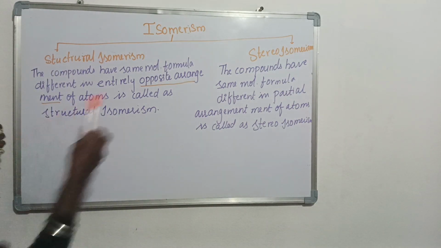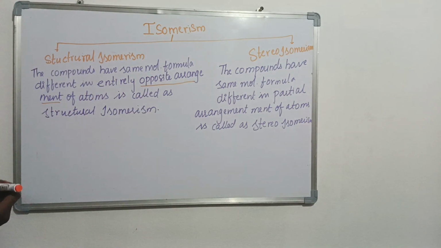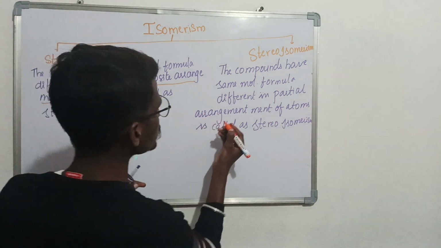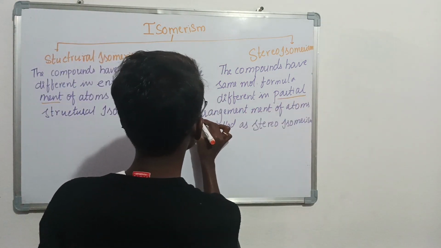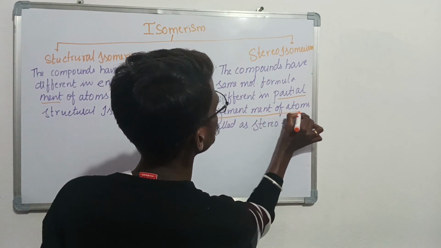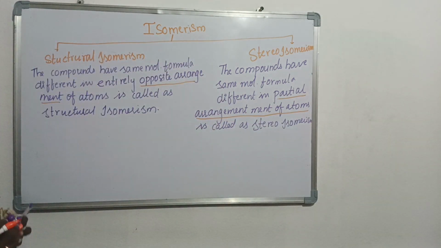So when we see this, structural isomerism has an entirely opposite arrangement of atoms, whereas here it is different in partial arrangement of atoms. This is the difference between structural isomerism and stereoisomerism.